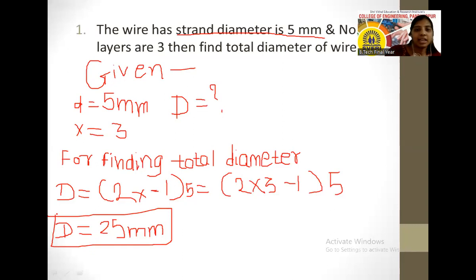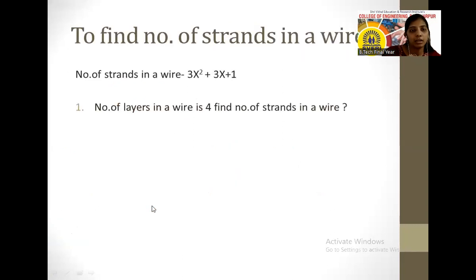Okay, similar to that, now to find the number of strands. We implemented the formula for finding the diameter of the conductor. Now if you have to find the number of strands required in a conductor, that means if the layers are given, then we can find the number of strands required.